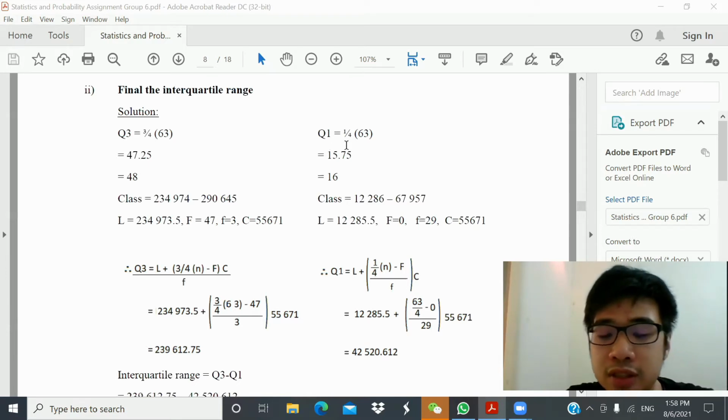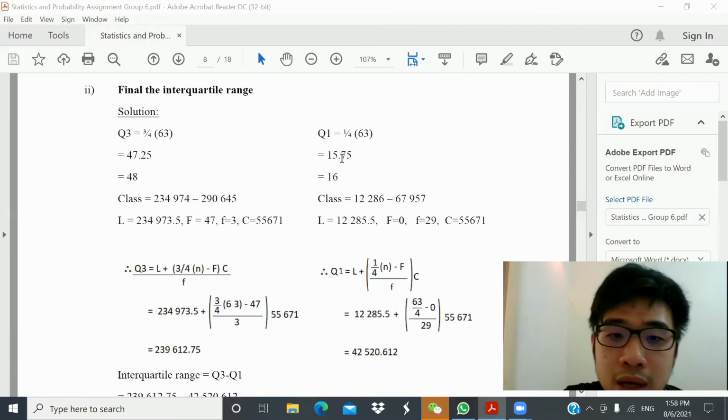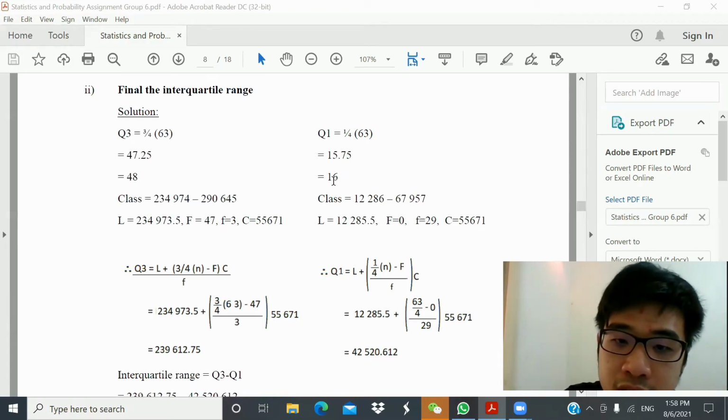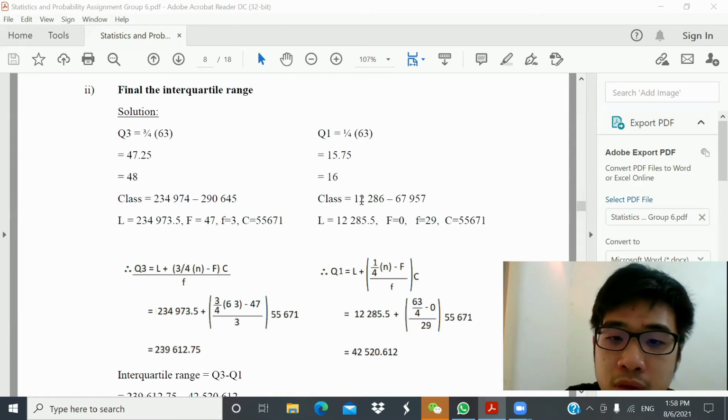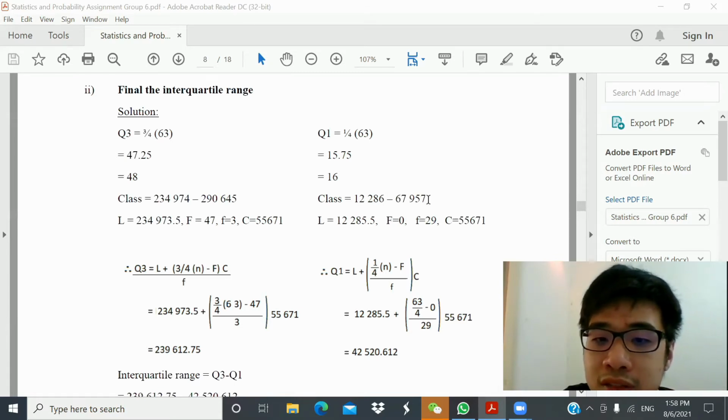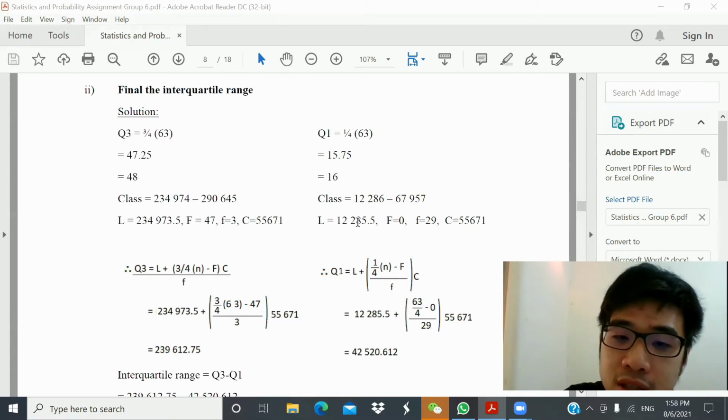It is still the same calculation way for Q1, which is 16, and the class is from 12286 to 67957. This is the class boundary, and the cumulative frequency is 0. The class frequency is 29, and the class width is the same as for Q3.